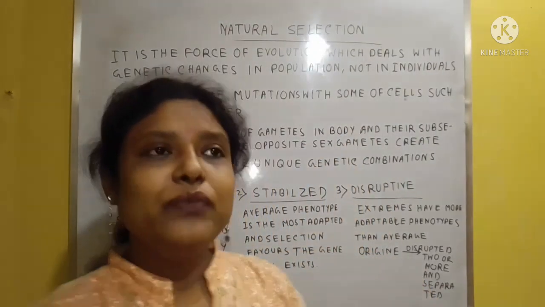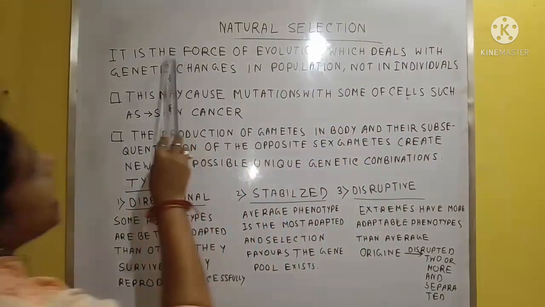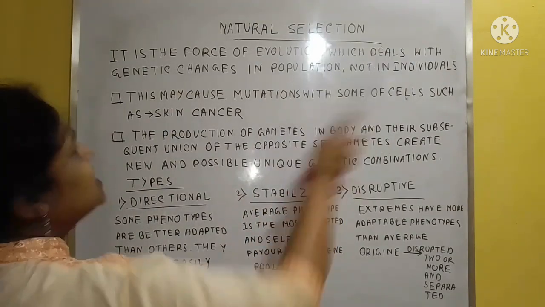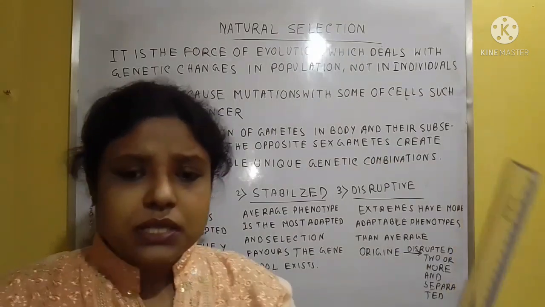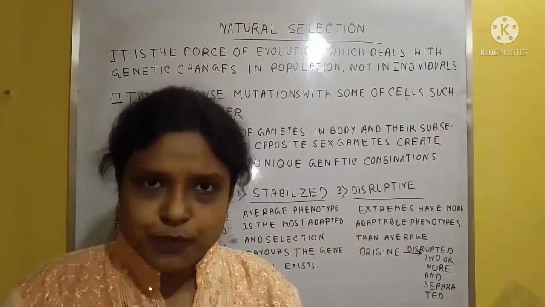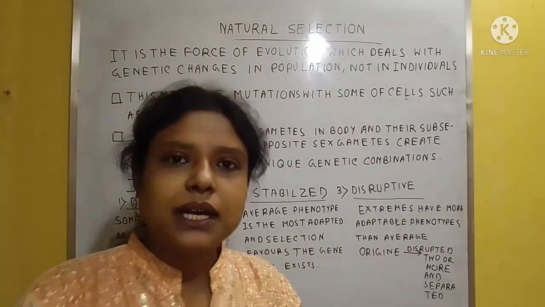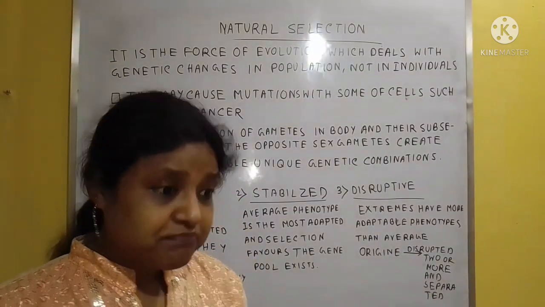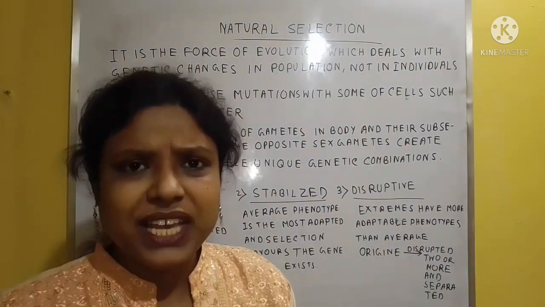So natural selection, we say, is the force of evolution, and that deals with the genetic changes in a population. Okay, the force that comes from the environment over different types of species to change themselves with the environment, or to change their genetic features, we can say that.